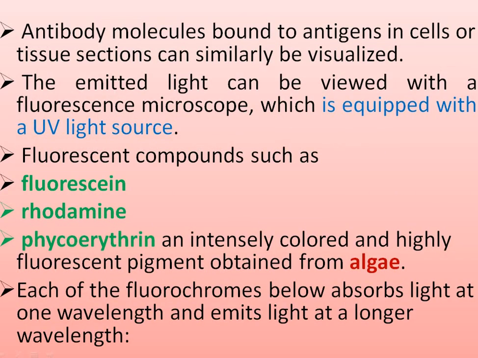Antibody molecules bound to antigens in cells or tissue sections can similarly be visualized. The emitted light can be viewed with a fluorescent microscope, which is equipped with a UV light source. Fluorescent compounds include fluorescein, rhodamine, and phycoerythrin, an intensely colored and highly fluorescent pigment obtained from algae.